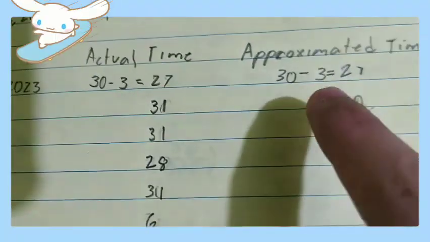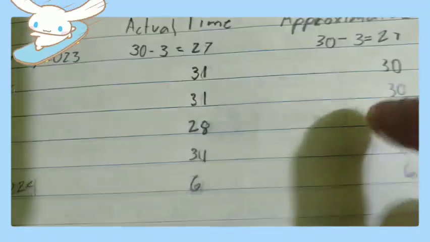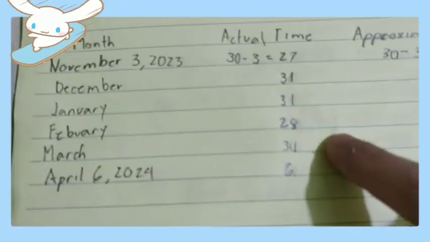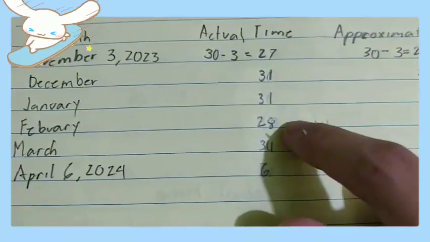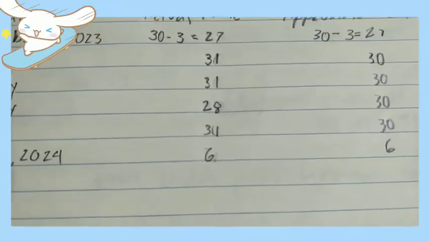Same goes here because November's month is always 30. And February will have 28 days since it's a leap year. And April 6 will always just have 6 because that's the due time. Now we have to add it all together. You guys can do it manually or use a calculator.